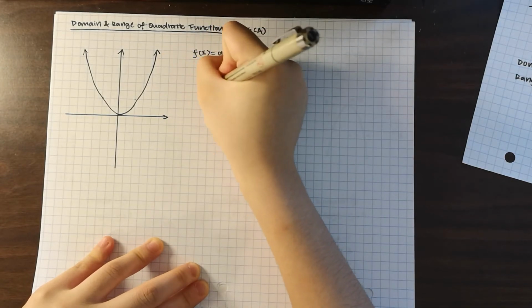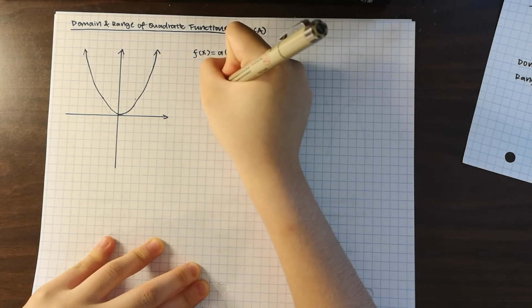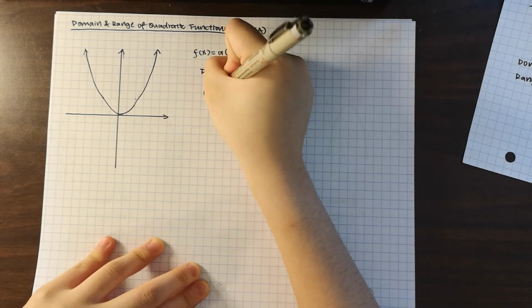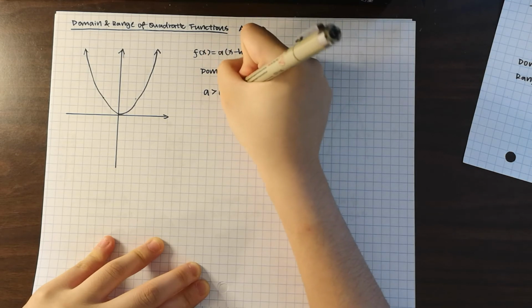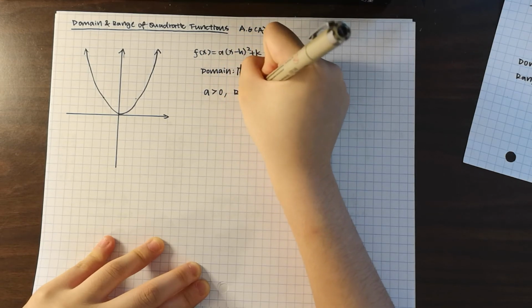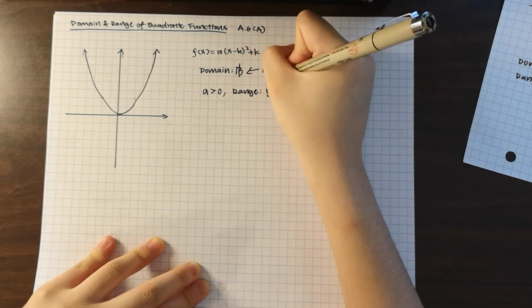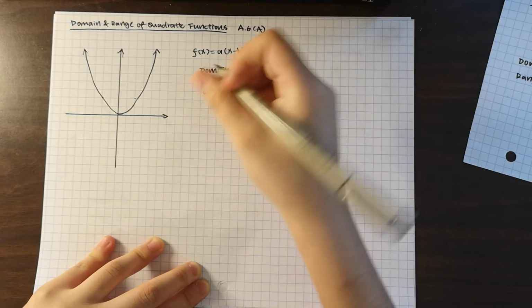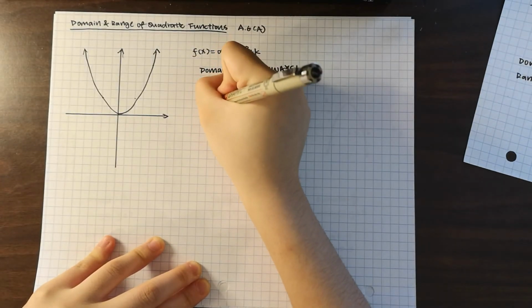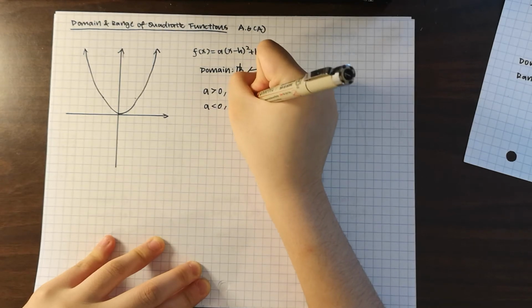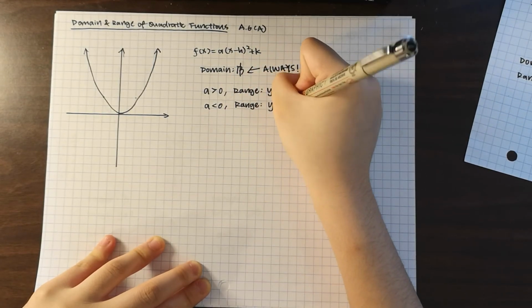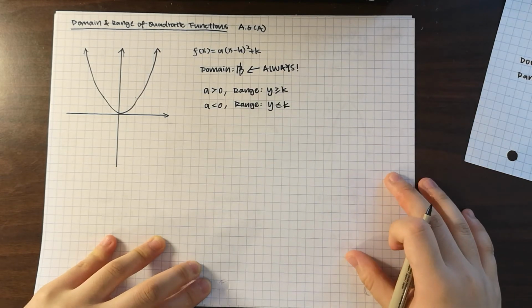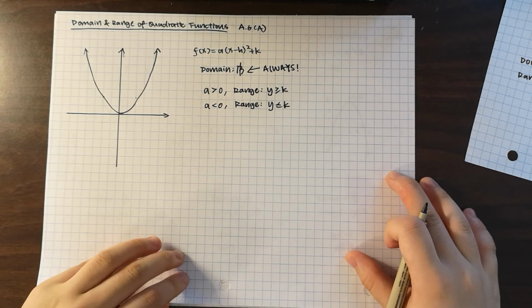When the value of a is greater than 0, the range is y is greater than or equal to k. While when a is less than 0, the range is y is less than or equal to k. This is how we write it in inequalities.